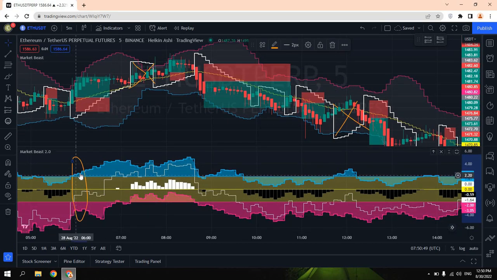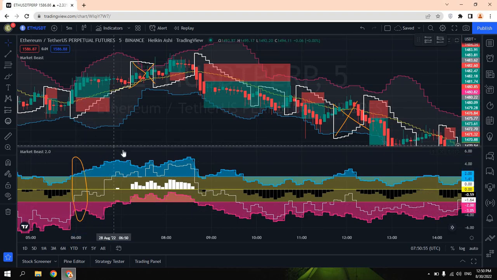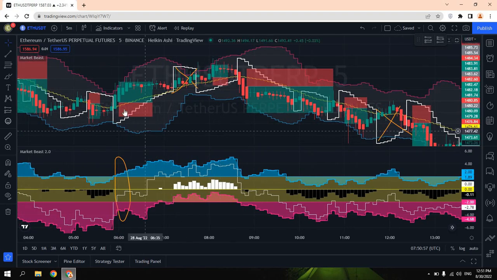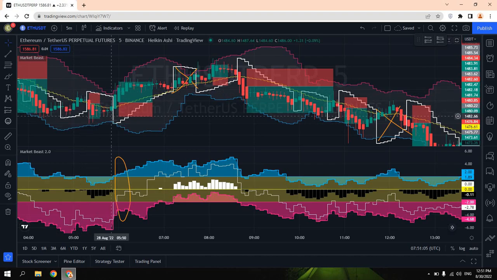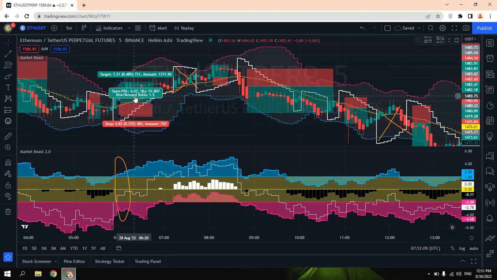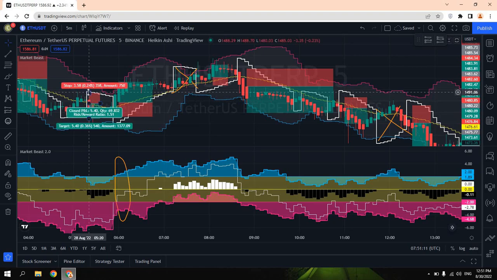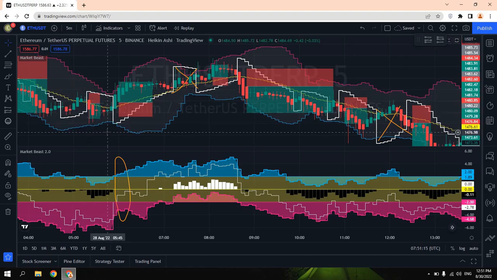The blue area is getting larger and the pink area is decreasing like this. The second confirmation is this white line. What does this white line mean? Now look at this white line. Whenever we have a price candle above this white line, we will look for longs. Whenever we have price below this white line, we will look for shorts.